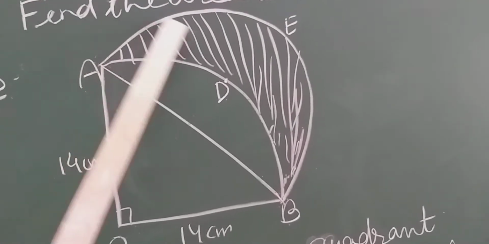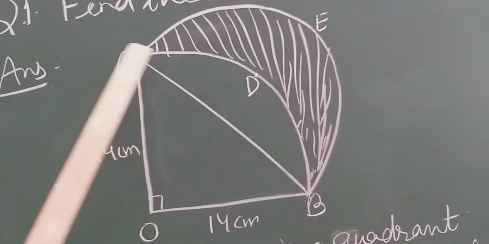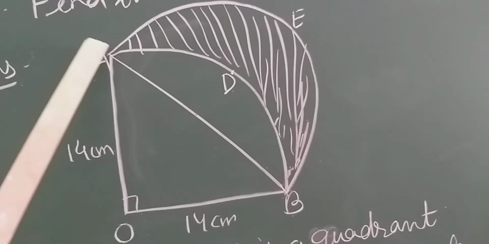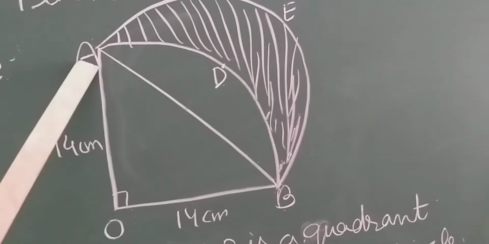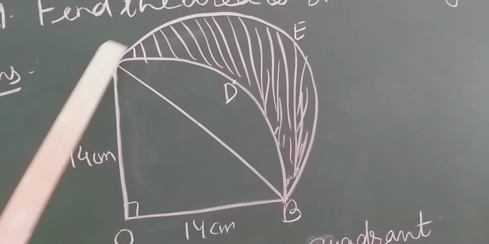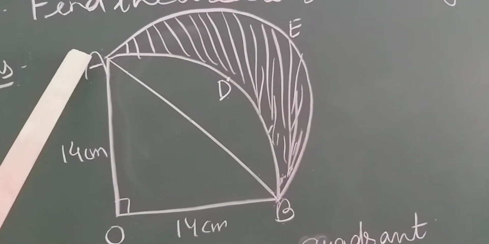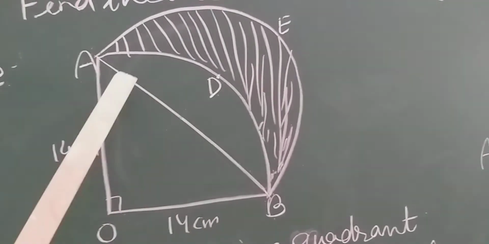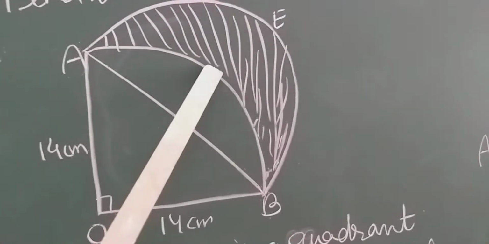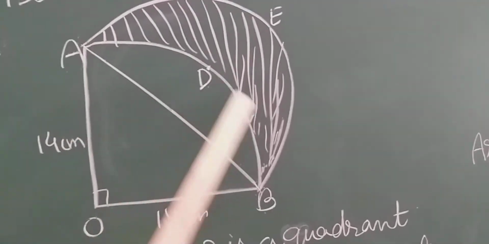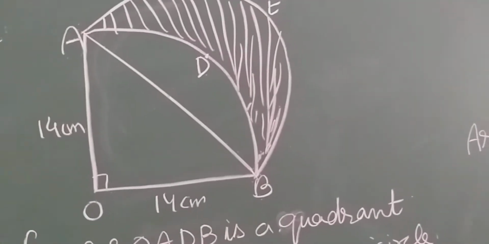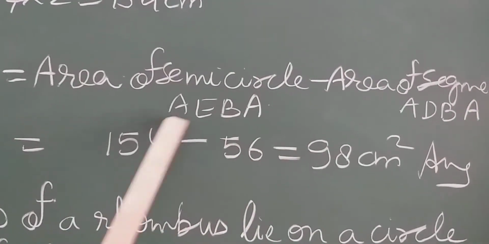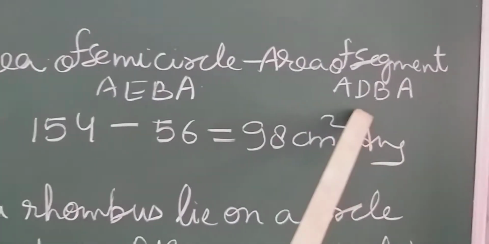Now to get the area of shaded region, we subtract the area of the segment from the area of the semicircle. Area of shaded region equals area of semicircle AEBA minus area of segment ADBA.